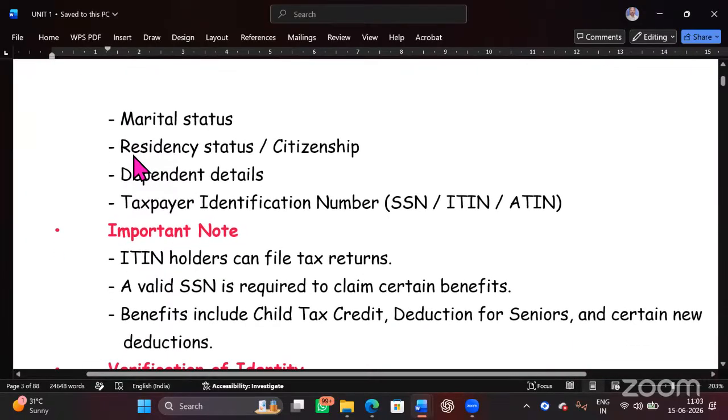Suppose the taxpayer has dependents, we have to fill in all the dependents' data. If the number of dependents is higher, the tax benefit available to the taxpayer also increases. So to claim this benefit, the taxpayer is responsible for filling in that data.